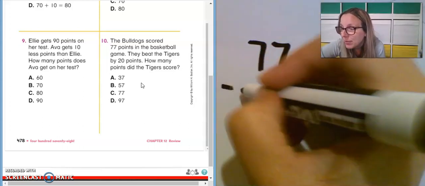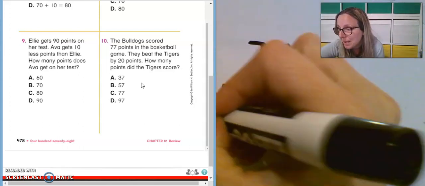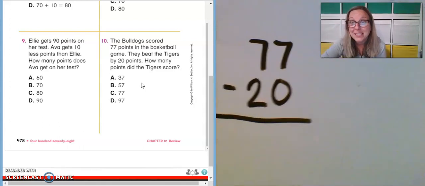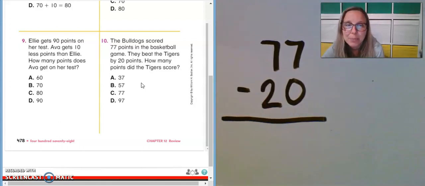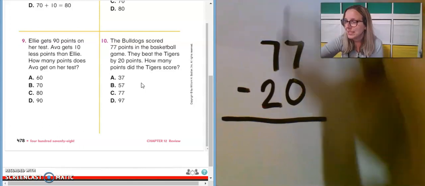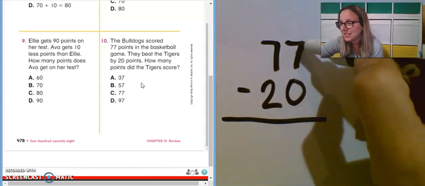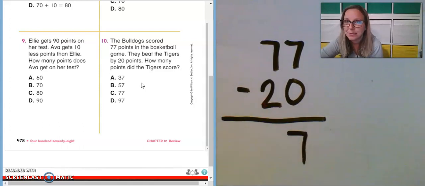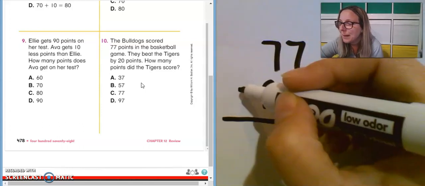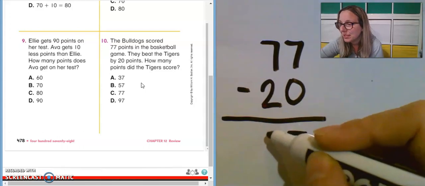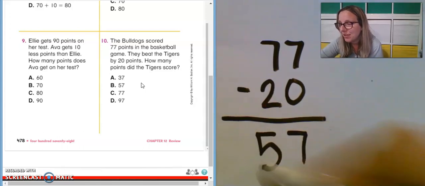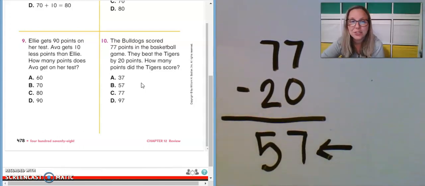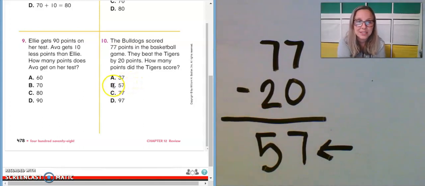Well, if we take away the 20 that they beat them by, we'll be able to figure out the difference, and that will tell us how many points the Tigers scored. So let's look at our columns here. If I have 7 minus 0, I still have 7, so I'm not messing with my ones. 7 minus 2, that would give me 5. So how many points did the Tigers score? 57 points. So you can circle B, 57 points.